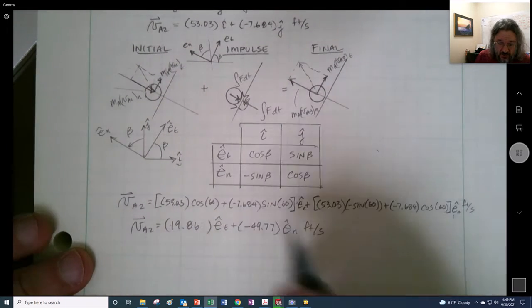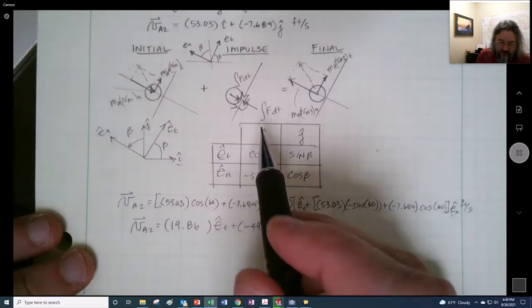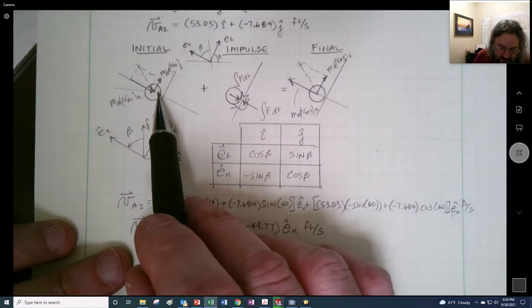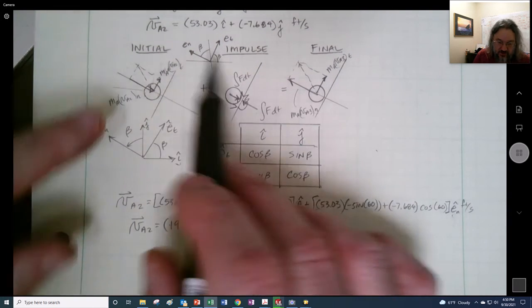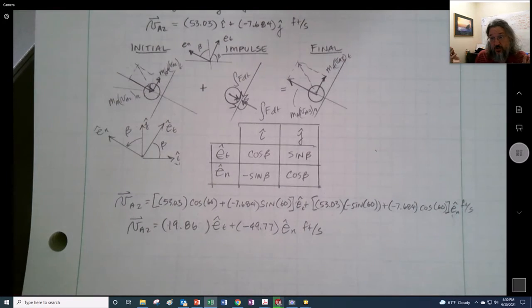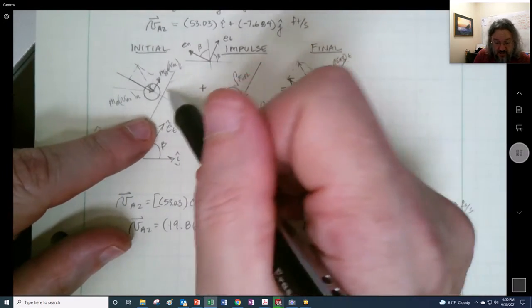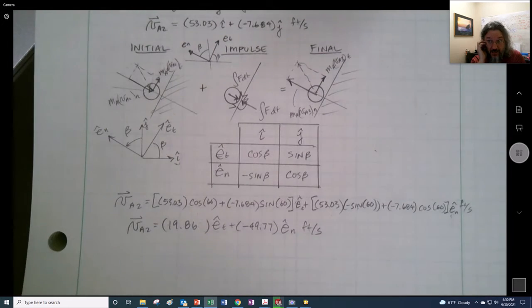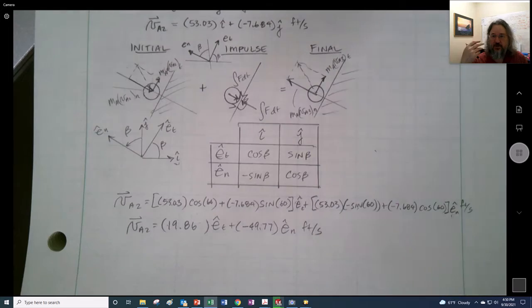Anyway, okay. So what we know is going to happen here is that we can't use the summation. We set up this diagram because we know it's true, but because this wall has infinite mass, we can't do an impulse momentum in the normal direction, even though we set it up.